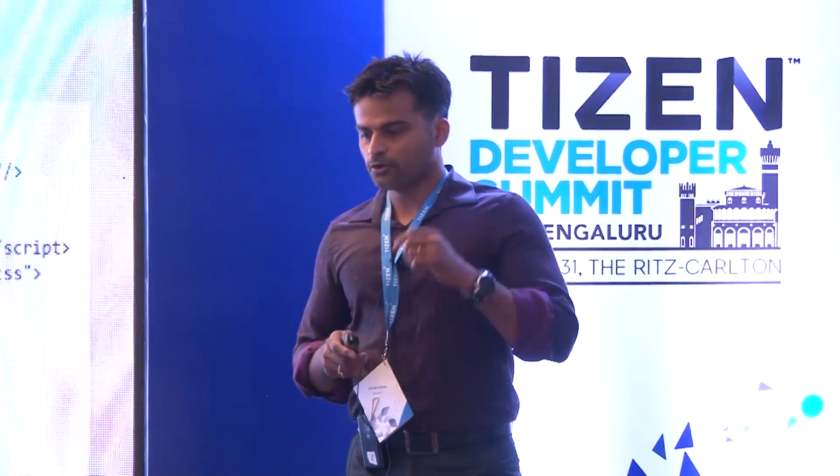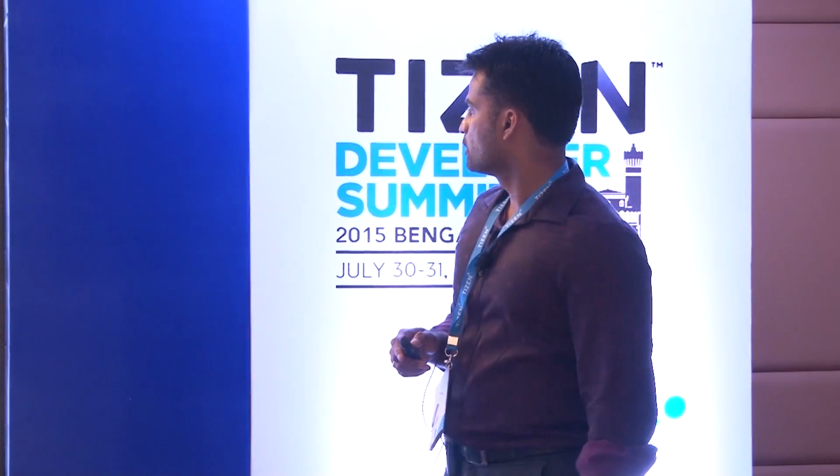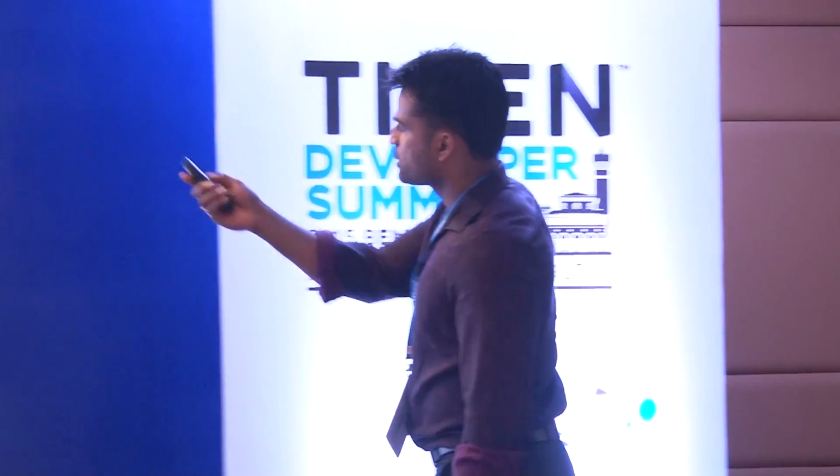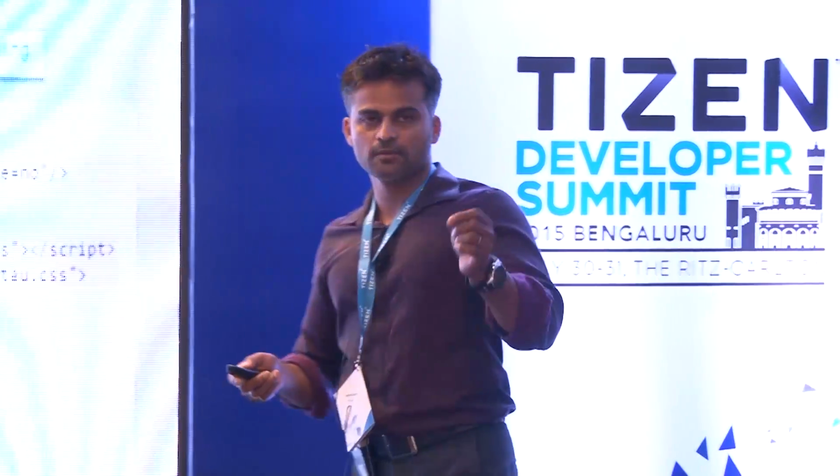Let's see how to create a UI template using TAU. First, the section which I highlighted is a meta tag, where I am specifying width and height as device width and height, which is mainly used for scaling and responsive layout.